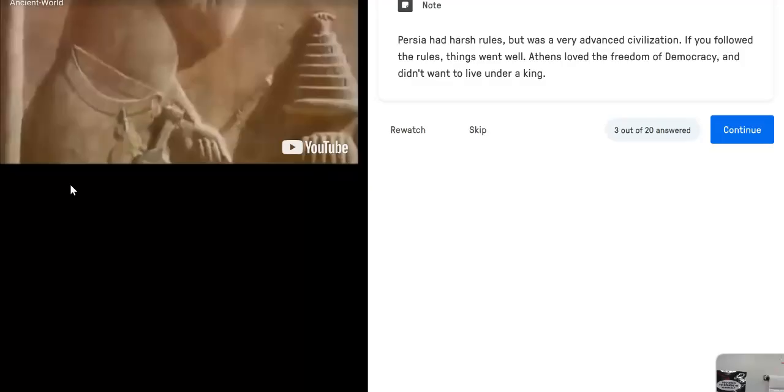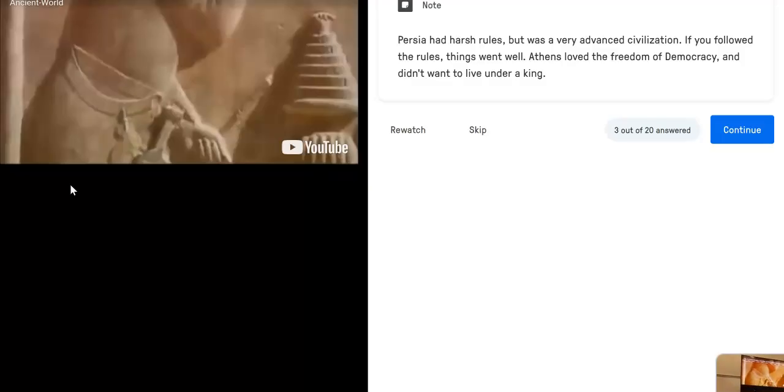Right. Athens loved democracy. They didn't want to live under a king. Now, if Athens loved democracy and did not want to live under a king, which one of these two groups lived under a king? Athens or Persia? Persia.